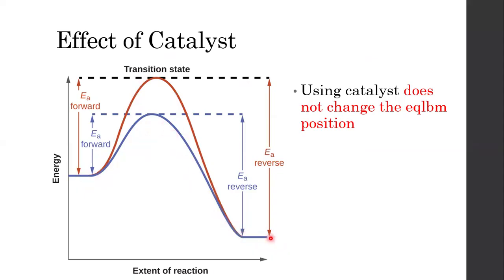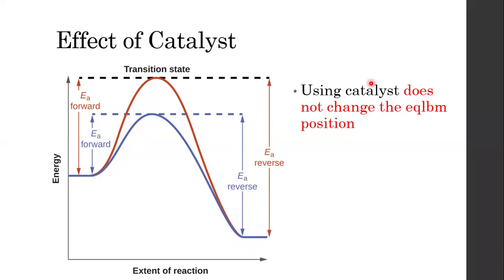However, as you can observe here, the catalyst only changes the reaction in the sense that it makes the rate of the forward reaction faster and the rate of the reverse reaction faster. In fact, a catalyst will not change the equilibrium position.